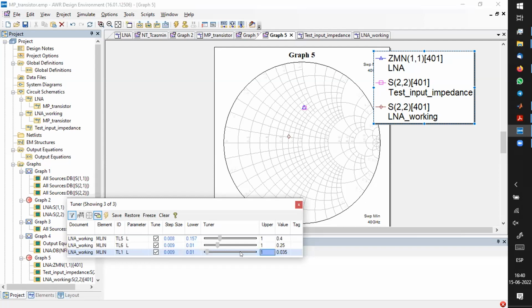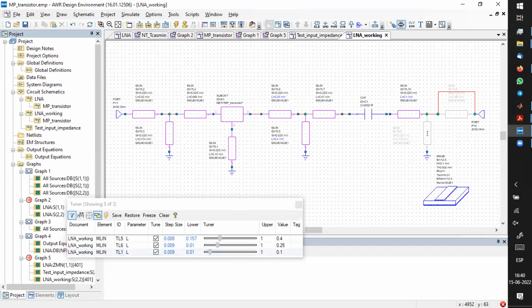Don't go too long. Remember, you need to add one short circuit shunt stub. Maybe a little bit. Yep. Well, that's good. Yeah, 0.1. That's a good guess.